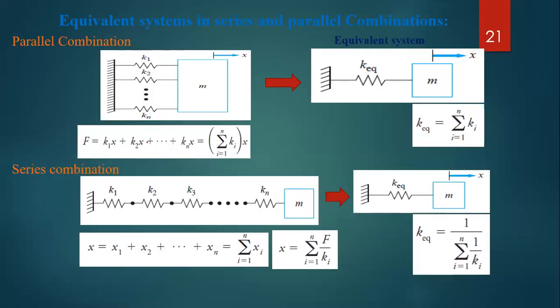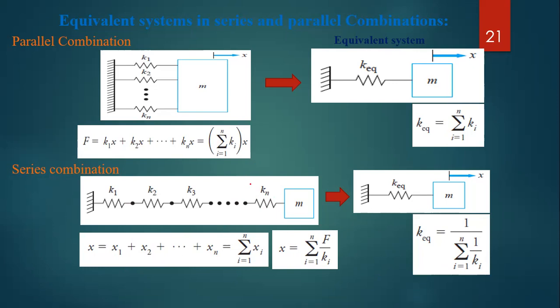Another thing is the equivalent system for springs in series and in parallel. When the springs are in parallel, they add a stiffening effect, so it is the summation of the k's: k1, k2, k3. So K equivalent is equal to the sum of all k's. But if they are in series, it increases the flexibility of the system, so it is represented with 1 over the summation of k.